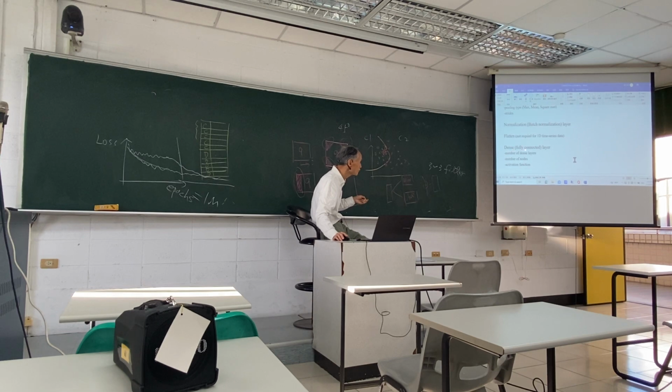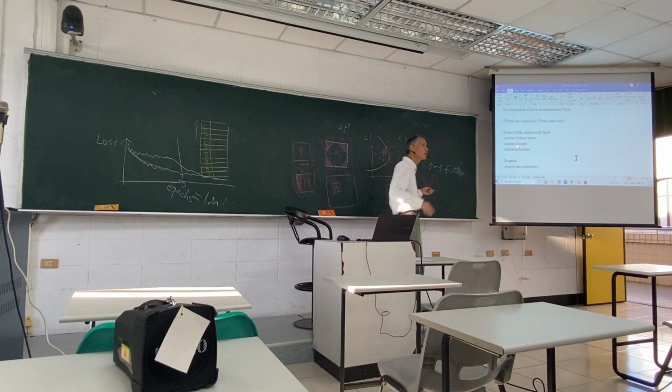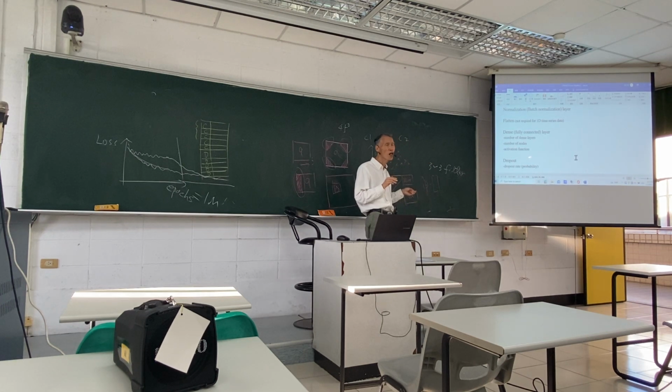Then for the dense or fully connected layer, you need to determine the number of dense layers. I would suggest at least 2, excluding the output layer, and mostly no more than 3, because you will consume a lot of decision variables here. Okay, because they are fully connected.